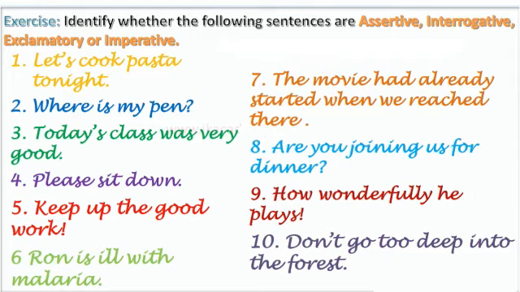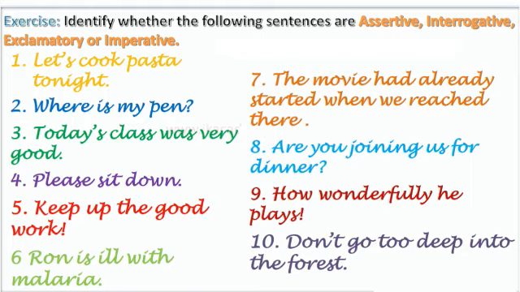Now they are suggesting that they will go and ask for help from the teacher. So you can see different types of request and an advice and a suggestion. So all this comes under imperative sentences. I think now you're clear about all those types of sentences.